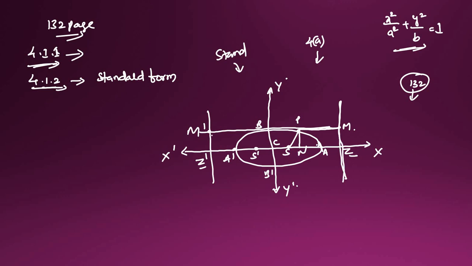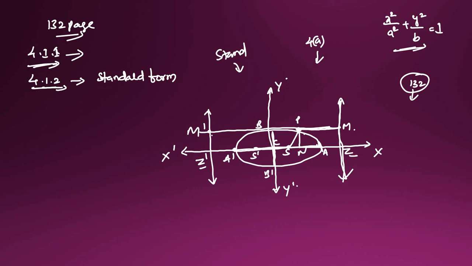We'll check all this while doing the solutions. This is the directrix, and P is a point on the ellipse. Two points are at equal distance: from here to here and here to here, equal distances will be there.